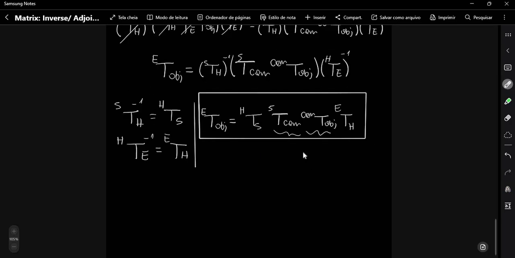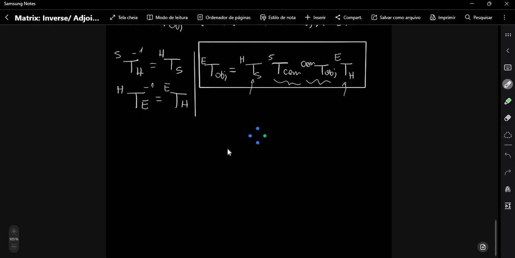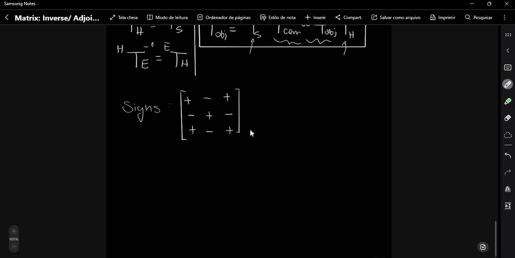On these matrices, we have to use this system of signs. So I think it's better if I solve this with you. So let's solve.